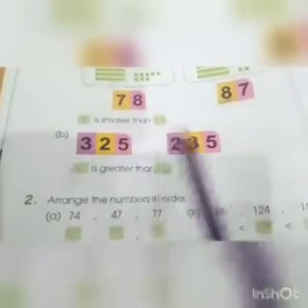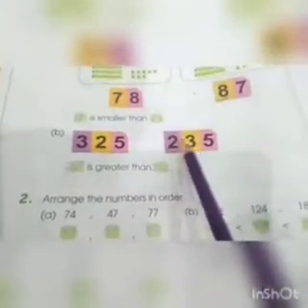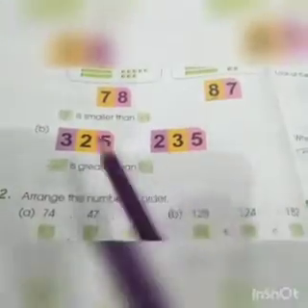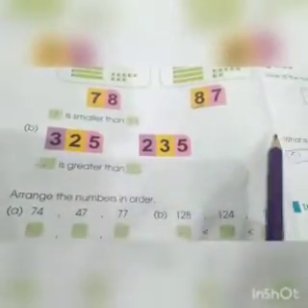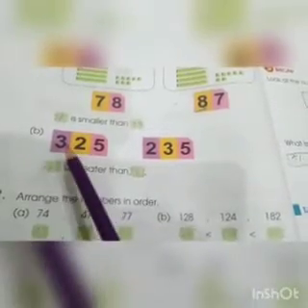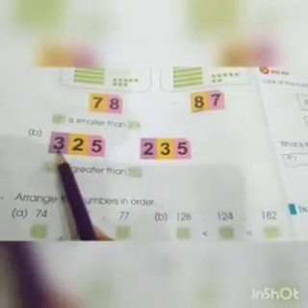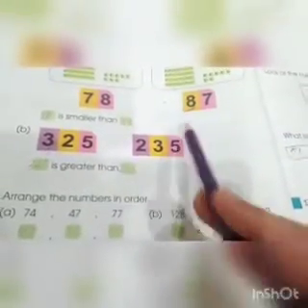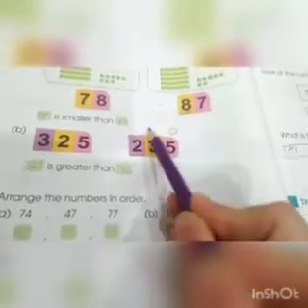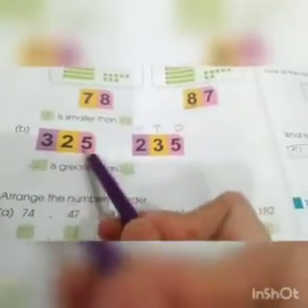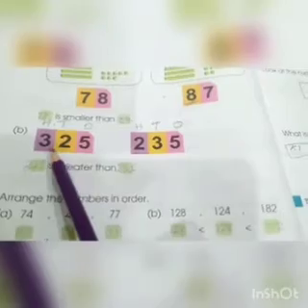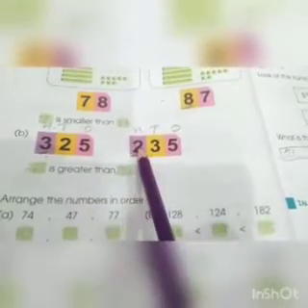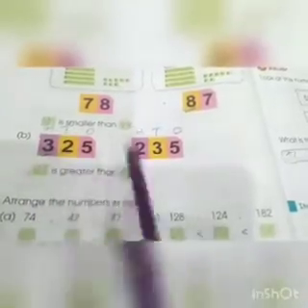Part B. 325 and 235. As you know, while comparing three-digit numbers, first we compare the numbers on hundreds place. 5 is in the place of ones, 2 is in the place of tens, 3 is in the place of hundreds. 3 is greater than 2. 300 is greater than 200.